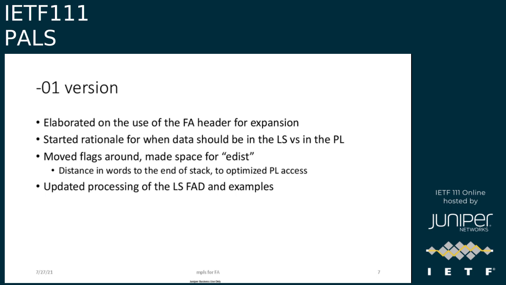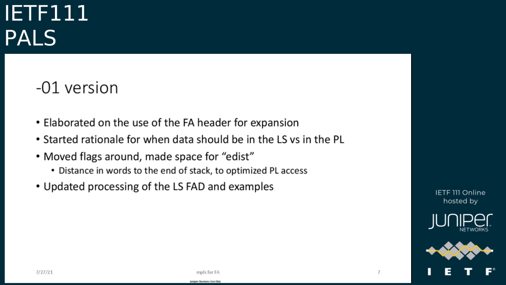Also, after a discussion with Hao-Yu, I started describing when you should put data in the label stack itself versus in the payload. For example, the ELI, of course, at that time, we didn't think a lot about this. We said we want the entropy label right there so we can make a forwarding decision on ECMP right when you see it. But there are other things that may be similar.